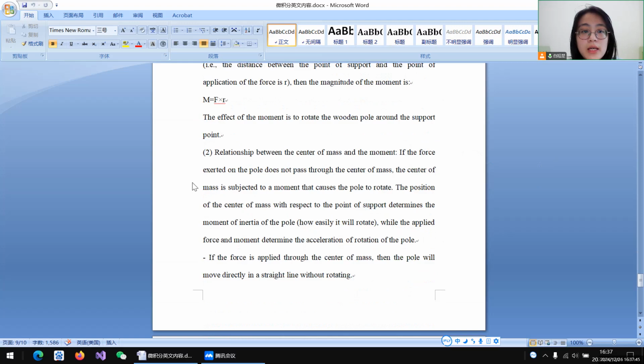If the force exerted on the pole does not pass through the center of mass, the pole is subject to a moment that causes it to rotate. If the force is applied through the center of mass, then the pole will move directly in a straight line without rotating.